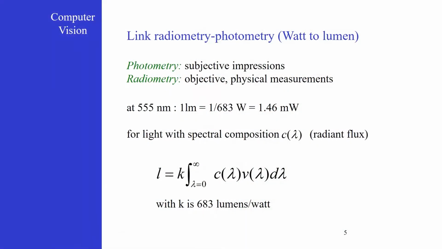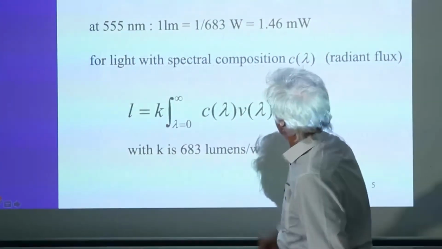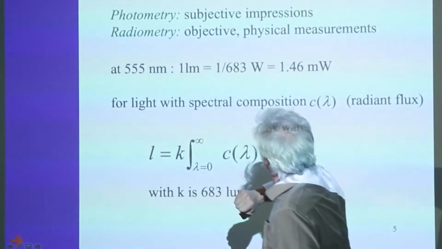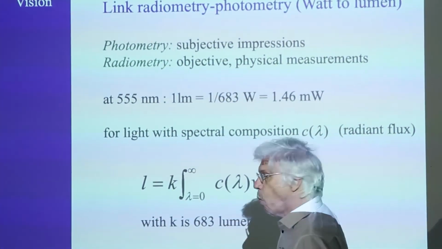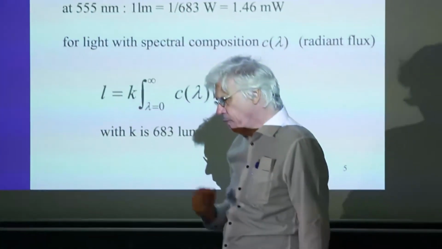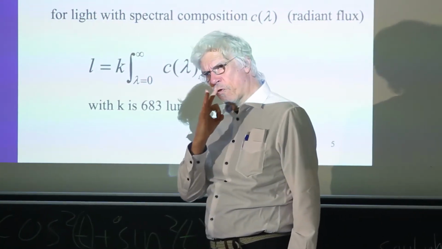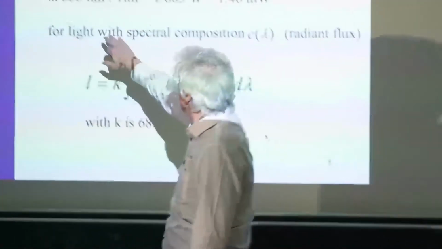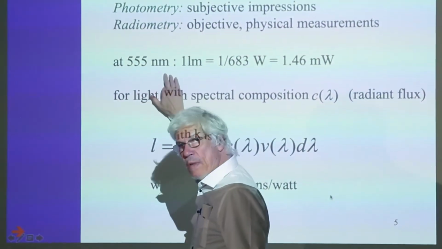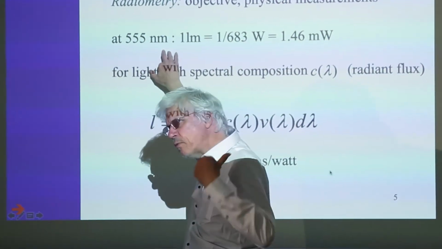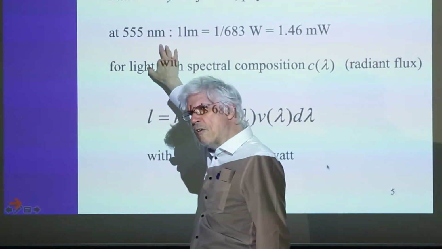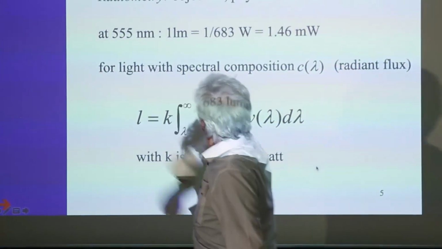So now the modern definition of a lumen, which is of course made to match the original definition but is much clearer, is that one lumen corresponds to the brightness that you would see for a monochromatic light source, so a light source of only one wavelength, namely 555 nanometers, the top of the curve that we in fact saw, the top of this luminous efficiency function.